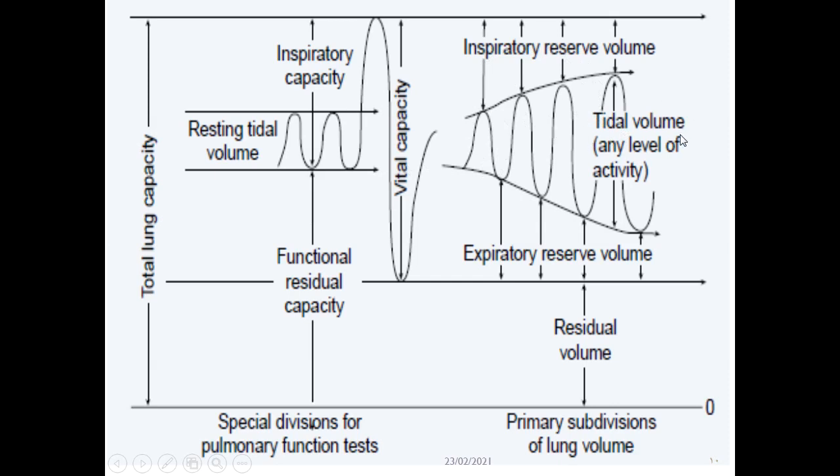This is the tidal volume. This is the inspiratory reserve volume, where you can have an extra inspiration, and this is the expiratory reserve volume, which represents your ability to have extra expiration, and this is the residual volume, which represents the amount of air that remains in the lung and prevents it from collapse.